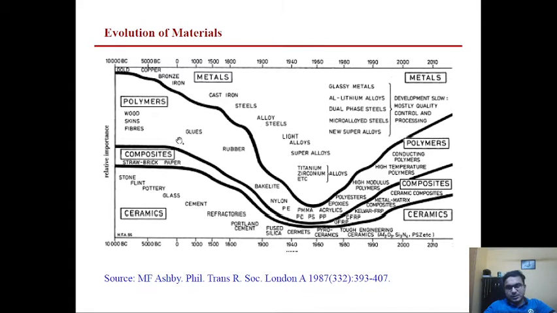Composites were famous from 10,000 BC. However, the relative importance kept decreasing till the 1950s. The 1950s was a phase of low demand for composites, and the same was observed for all other materials also. From 1915 onwards there was increasing demand for composites, as you can see here.